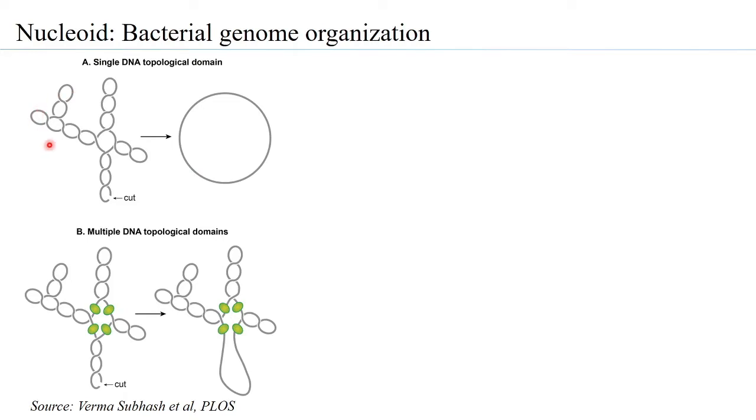Now, because it supercoils, you can see that you have different interwound regions present in this DNA. However, if you go to unwind the DNA in this form where you have no proteins attached, the unwinding can be total. When we say unwinding can be total, it means that a supercoiled DNA can become completely relaxed into an uncoiled form.